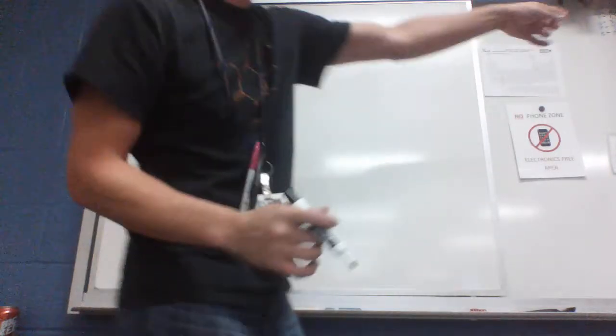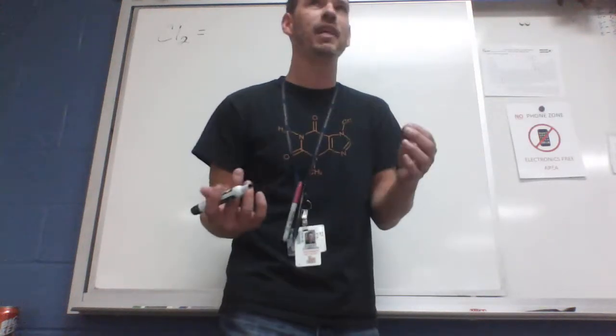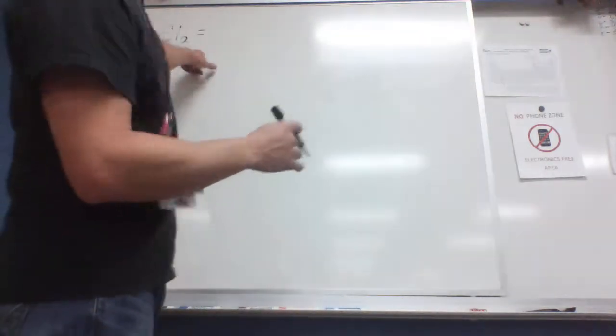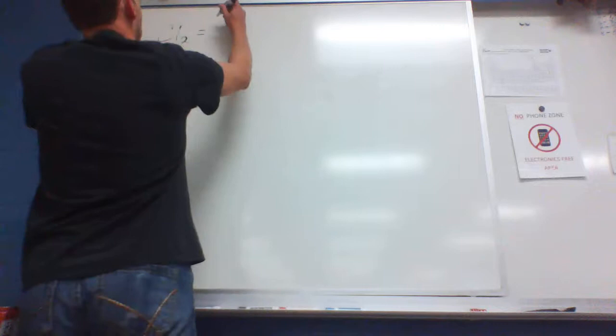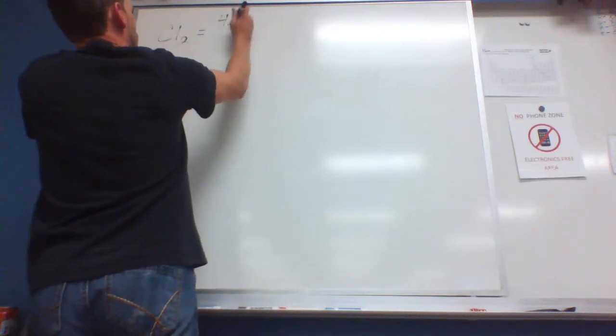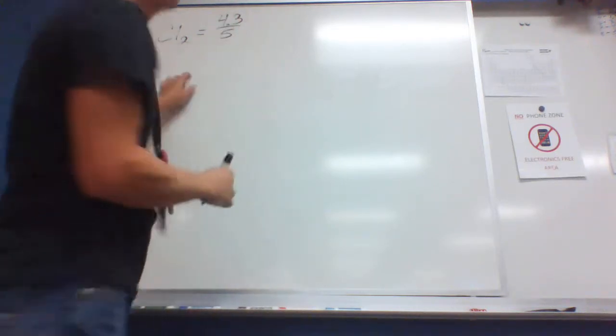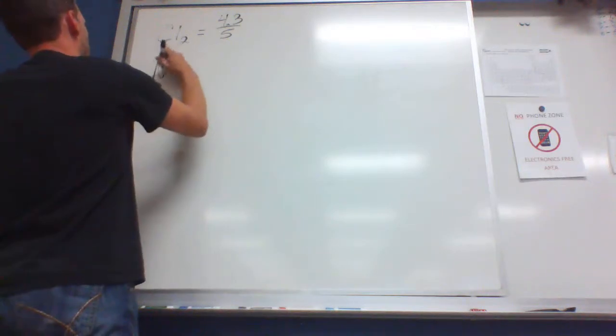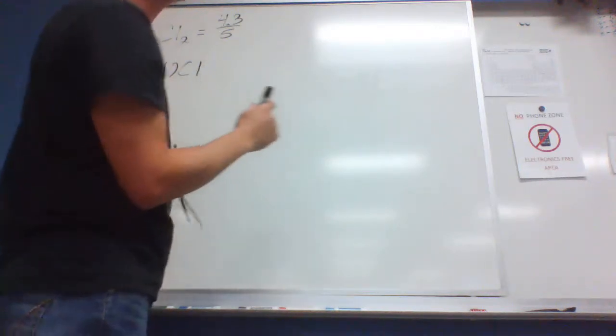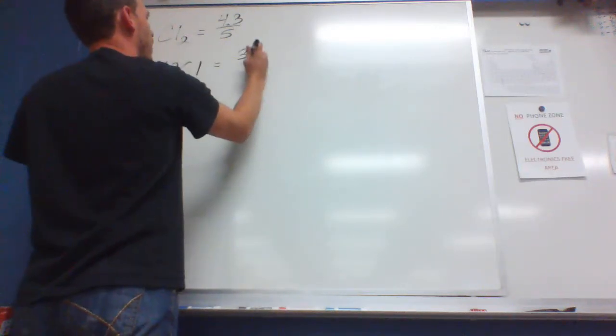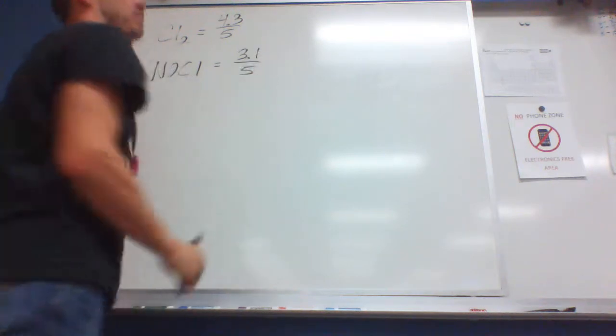All right? But I don't have concentrations. It's giving me moles and liters. Can you find concentration, molarity, from moles and liters? Yes, very easy. It's moles divided by liters. So for chlorine here, I'm going to go 4.3 over 5. Do you see where I'm getting those numbers? For my NOCl, I'm going to go 3.1 over 5. I'm dividing all of my moles by the liters.